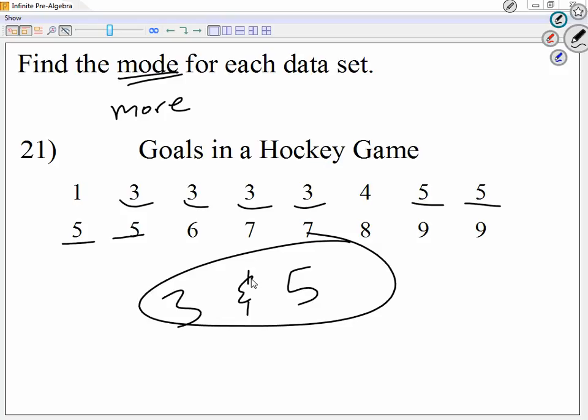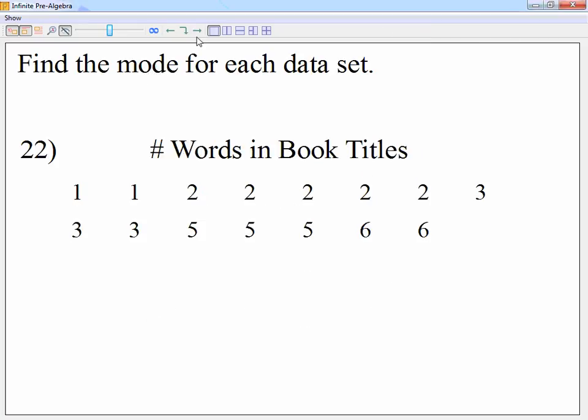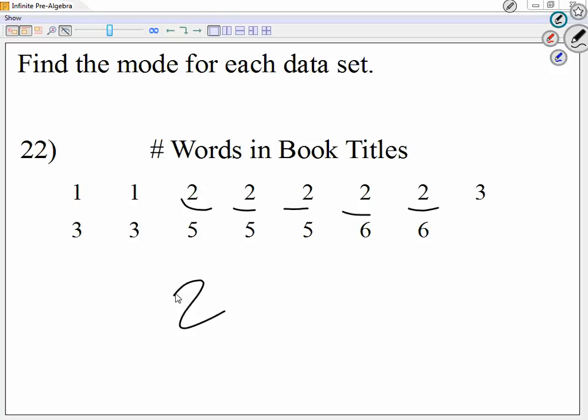For mode, we could have more than one mode. And I'm looking for which number appears more than anything else. Looking at number 22, I notice that number 2 appears 1, 2, 3, 4, 5. There are 5 2's. There's no other number that appears the most or the same amount. So for number 22, the mode is 2. Mode is which one appears the most. All right, any questions?